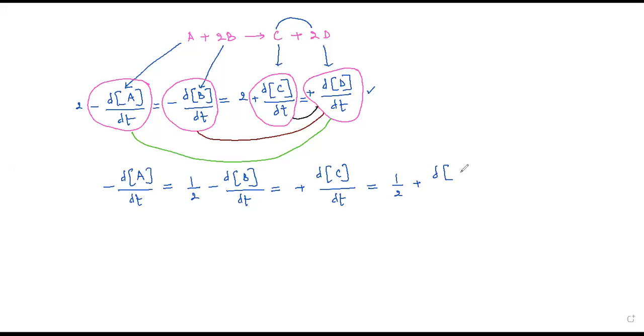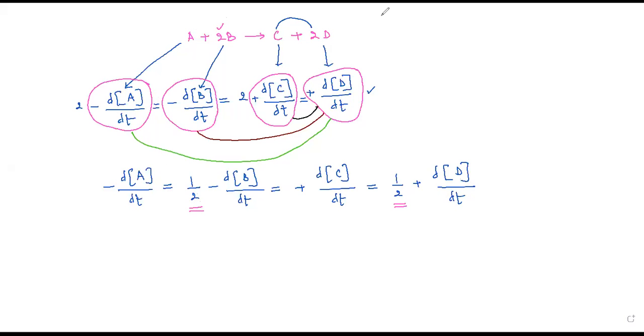Okay. Plus dD by dt. Look at the, just dividing by 2. Now look at the issue. The number of moles has come into the denominator. That's it.